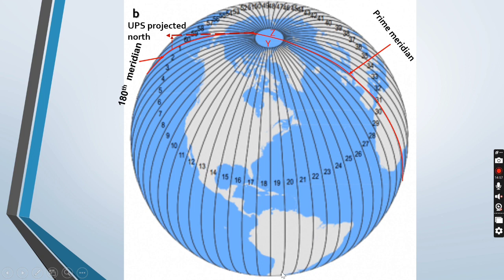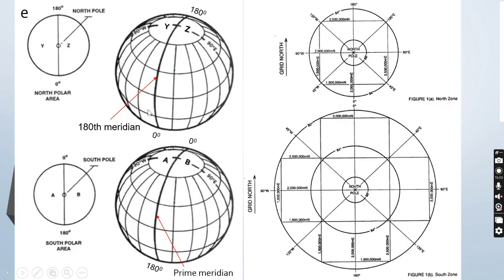But in that case the prime meridian has to be projected. See here, try to understand, it is not so simple, and I hope nowhere else can you get this much detailed explanation in such a legible way. So suppose you are standing at the northern pole, conventionally this is the 180th meridian.